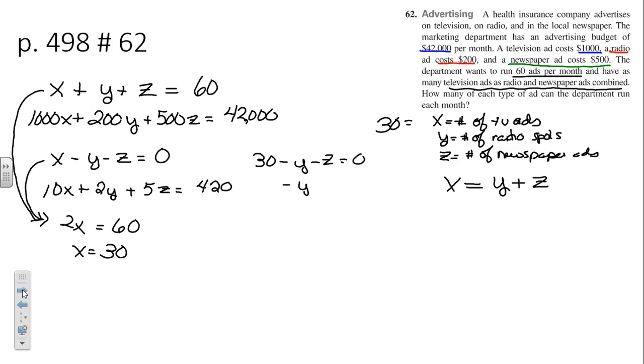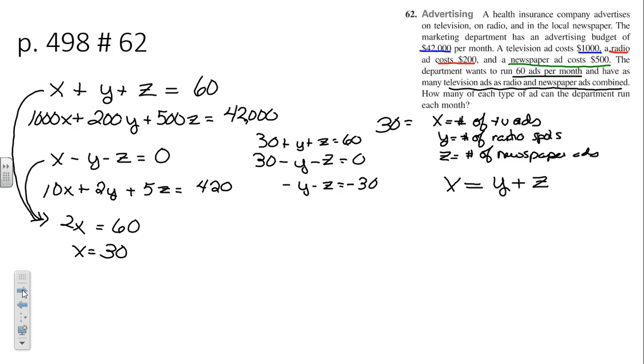So negative y minus z is negative 30. And then same thing here, right? 30 plus y plus z equals 60. So taking away 30 from both sides, we get y plus z equals 30 again. That's not going to help us. So let's plug it into the next one.